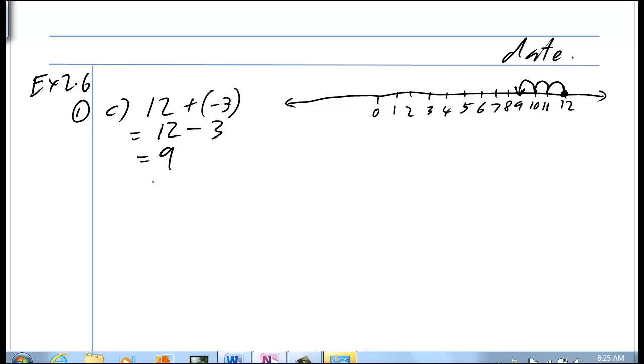Let's do another one. Let's do J, I think it is, on the set. If you do J, you've got negative 3 plus negative 8. So you draw a number line.